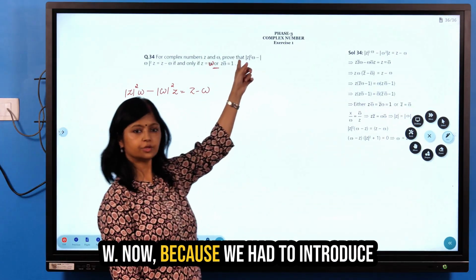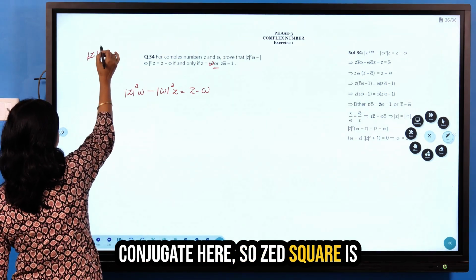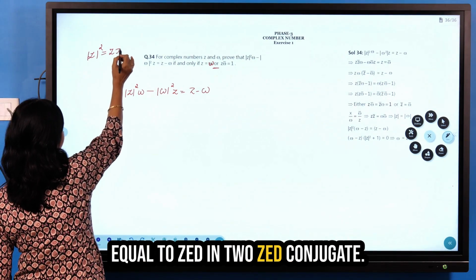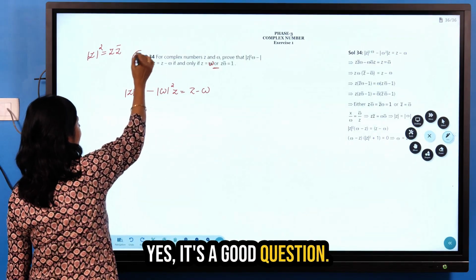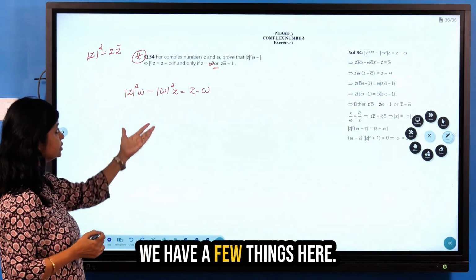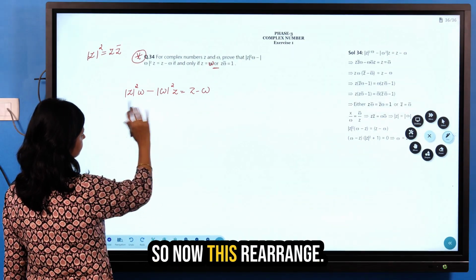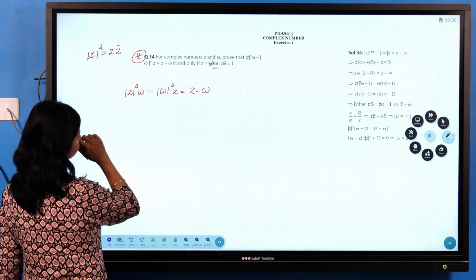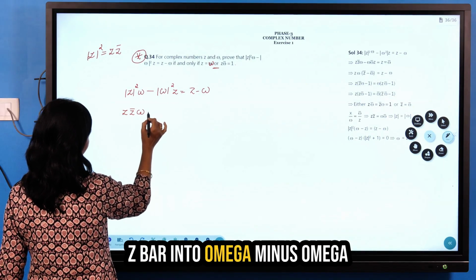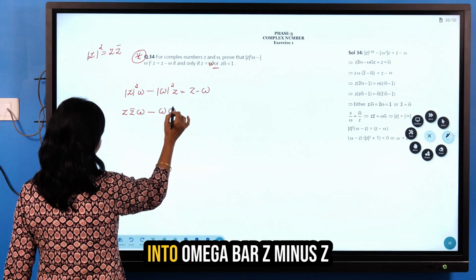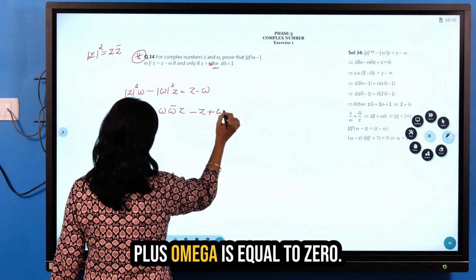Now, because we had to introduce conjugate here, z square is equal to z into z conjugate. Yes, it's a good question. We have a very key concept here. Now rearrange: z bar into omega minus omega into omega bar z minus z plus omega is equal to 0.